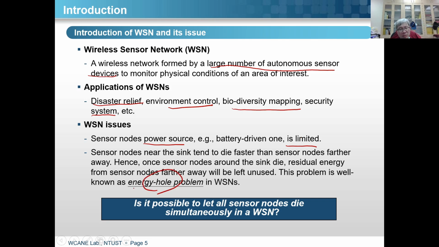So this article tried to ask this question: is it possible to let all sensor nodes die simultaneously in a wireless sensor network, so that we can prolong the operation time to the longest possible? This is the issue asked by this article.